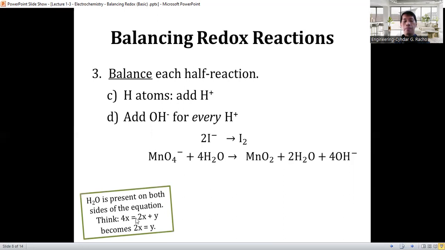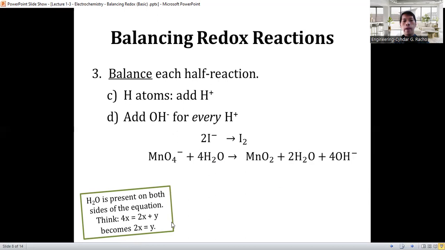So we have 4x plus 2x plus y. So I think 4x is equal to 2x. So we put it this way, no. We denote x as your H2O, and then we have 4x.